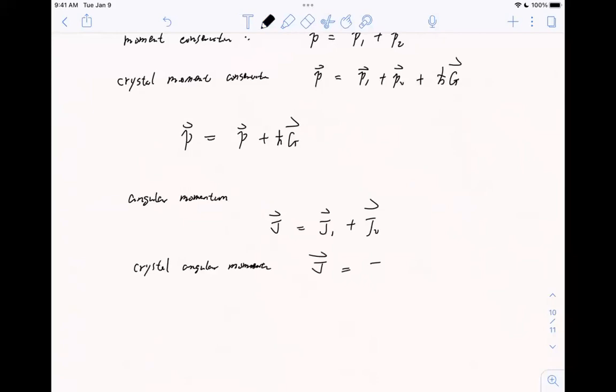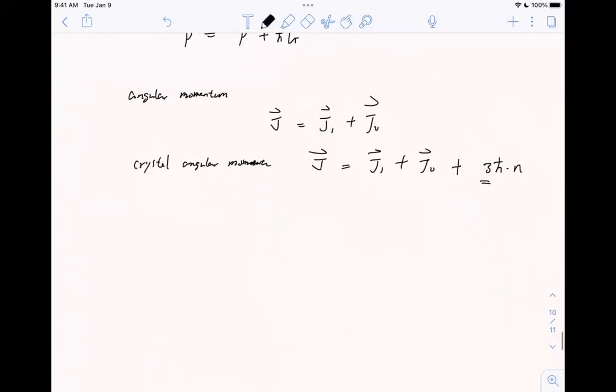So here, plus 3 times n. 3 means threefold rotational symmetry. That means once you go to 3, it becomes 0.